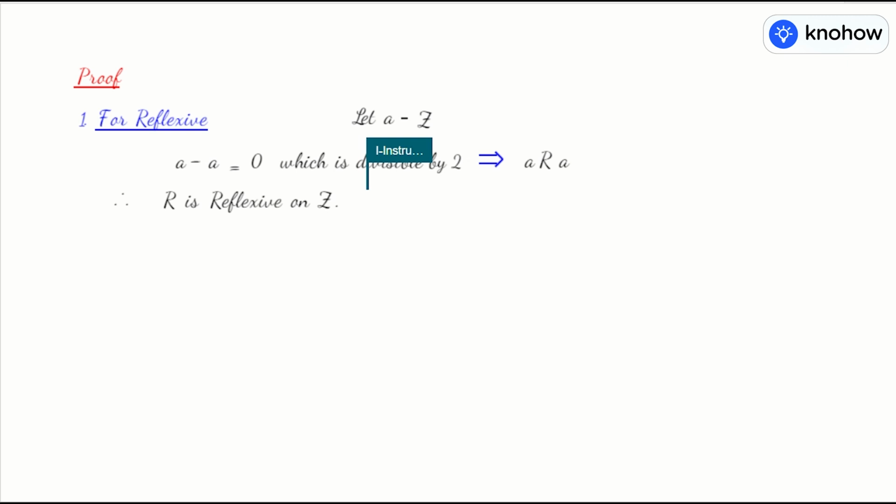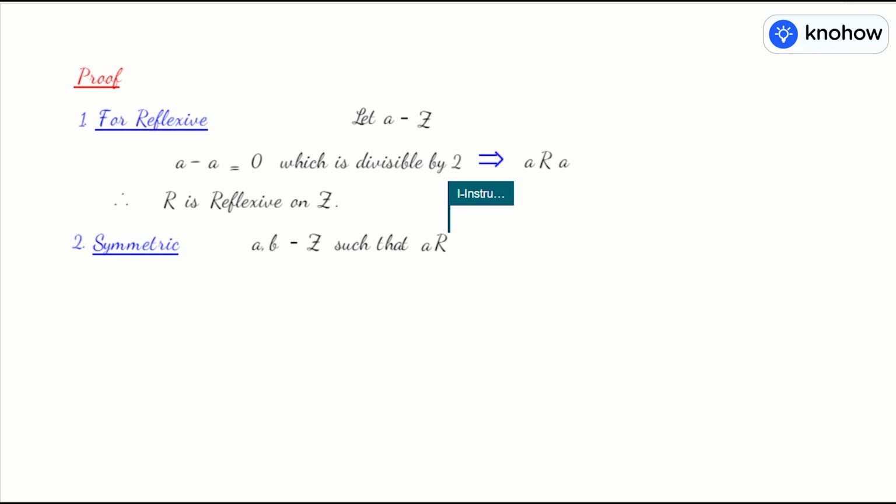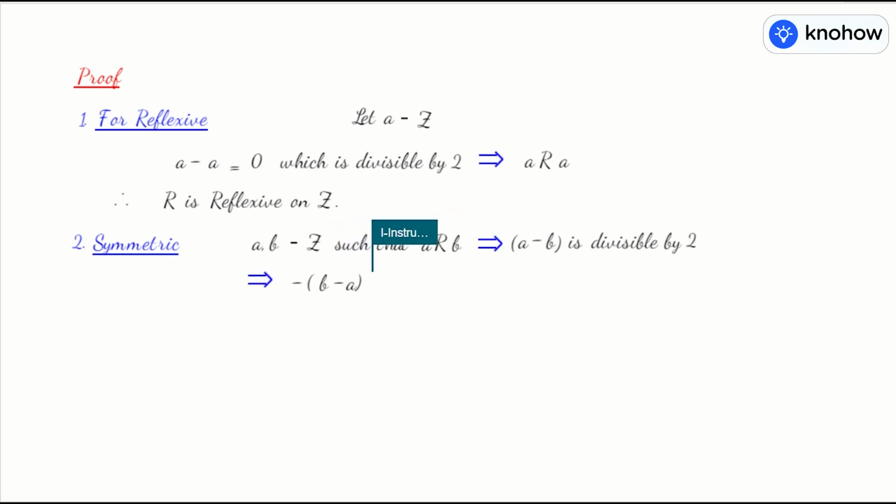Number 2, let us check symmetric. Let a and b be any two integers, a, b belong to Z, such that a is related to b. If a is related to b, that means a minus b is divisible by 2. Now you know a minus b may be rewritten, taking minus common, as minus times (b minus a). So a minus b is divisible by 2, or in other words, minus times (b minus a) is divisible by 2.